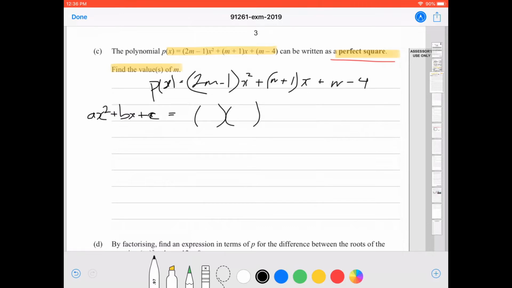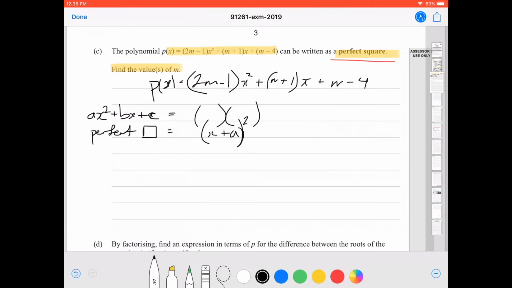But if we're saying that this polynomial can be written as a perfect square, then the factorized form, let's say perfect square, equals one set of brackets, all raised to the power of 2. Let's just say, for example, x plus a, all raised to the power of 2. Now, what does this mean in terms of graphing?